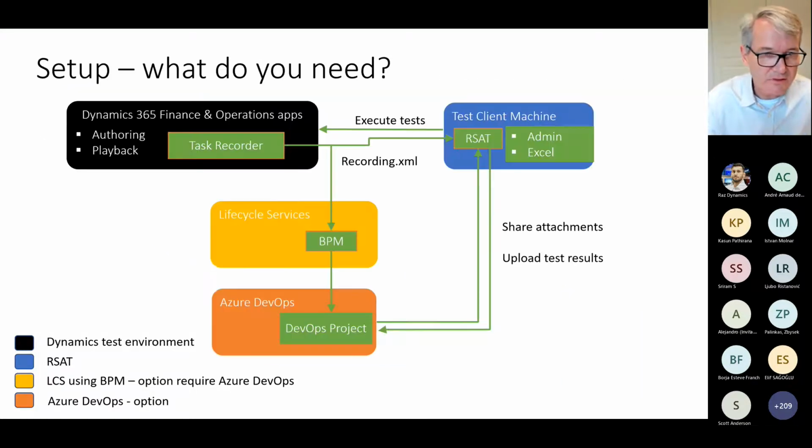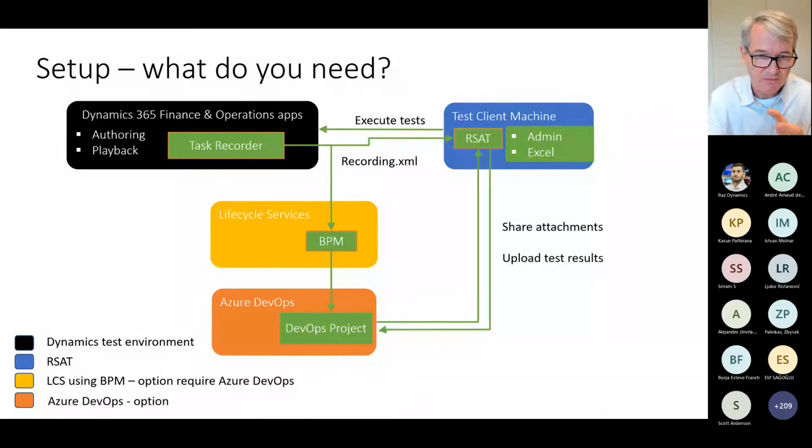This is similar, just a different type of view of the same thing, where you are looking at how things are connected. The way that this is connecting is you have your recordings from your task recorder. You can put them into LCS that then will sync down to Azure DevOps, and so you'll have your recordings and libraries created in that way, or you can instead put your recordings into RSAT directly.